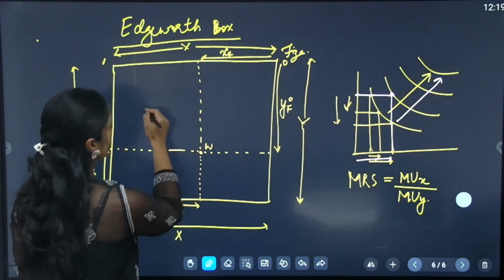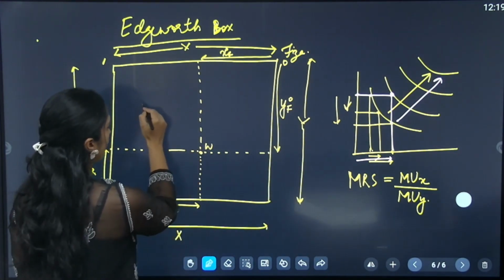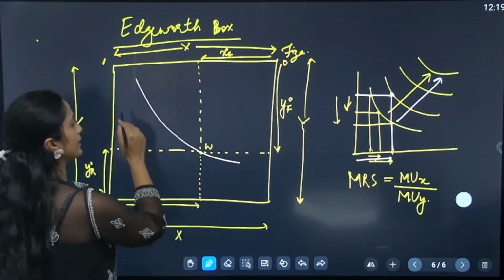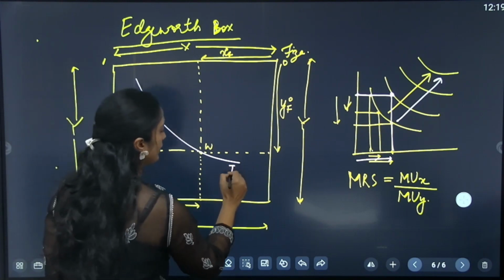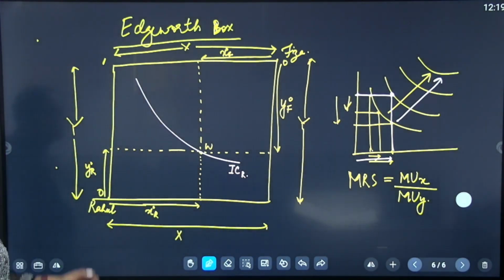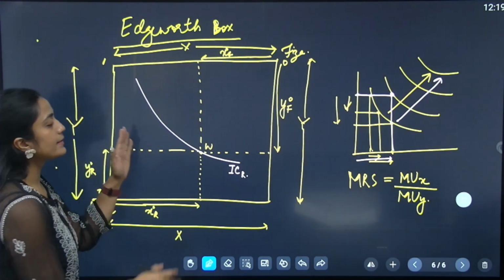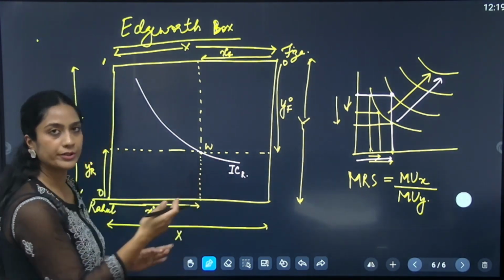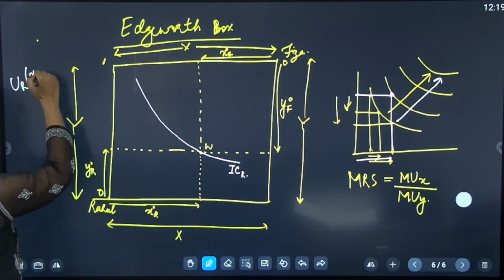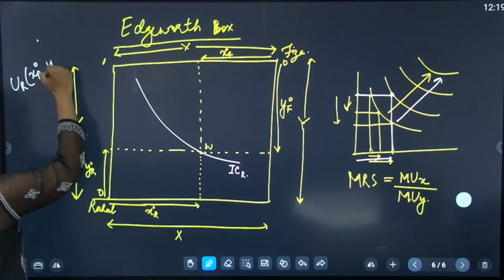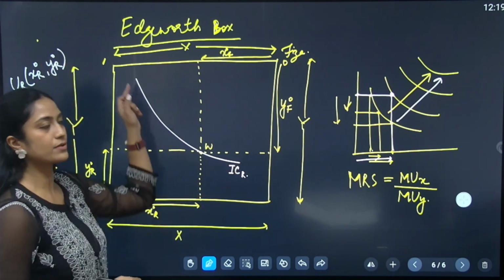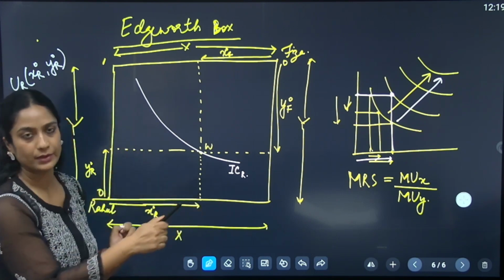It has to pass through this point, and all the other points on which the utility of Rahul remains the same. Let's call this the indifference curve of Rahul. This indifference curve will give Rahul the utility as given by this function, U_R(x_R0, y_R0). According to this function, whatever is the utility, this indifference curve will be marking that utility.